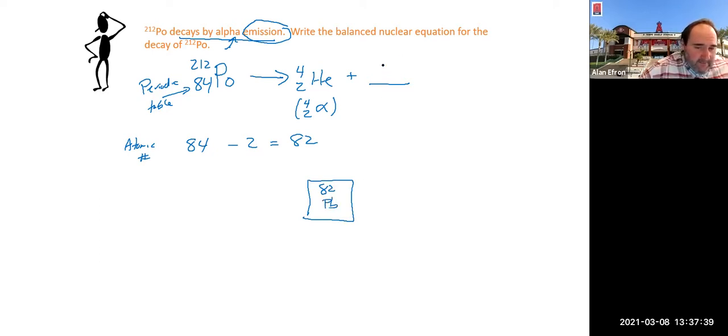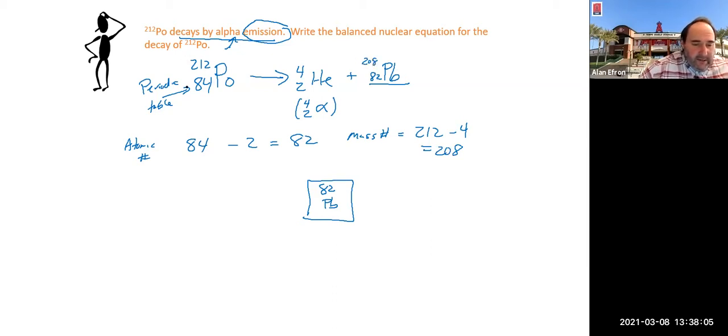That means our missing element is lead with an atomic number of 82. 82 and 2 gives me 84 on the right and 84 on the left. All that's left now is our mass number. Remember, it needs to be the same on both sides. So that's going to be 212 minus 4 on the right-hand side. That's a lot of math there. We'll go with 208 and hope for the best.